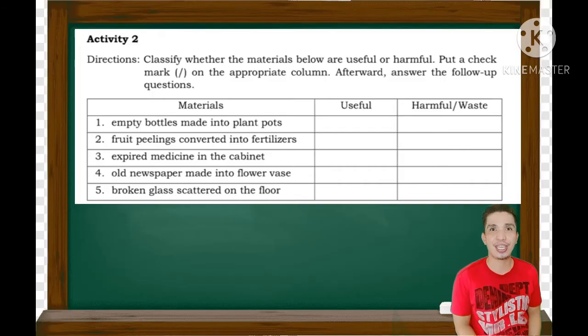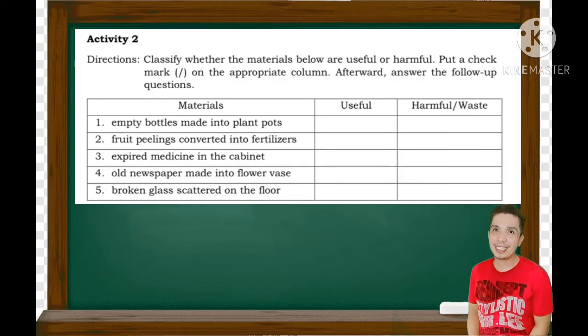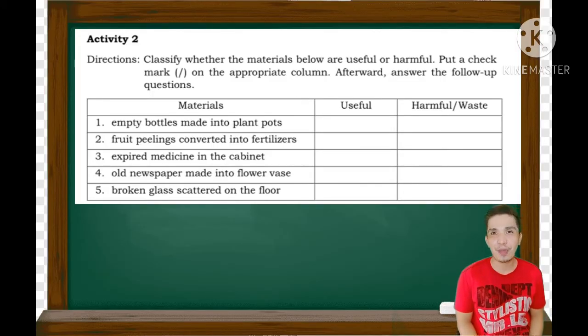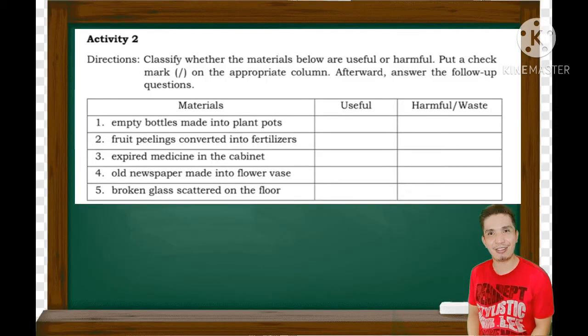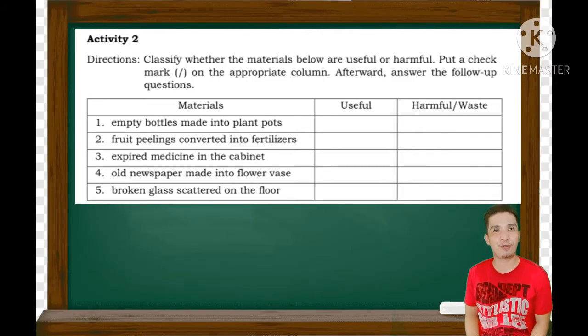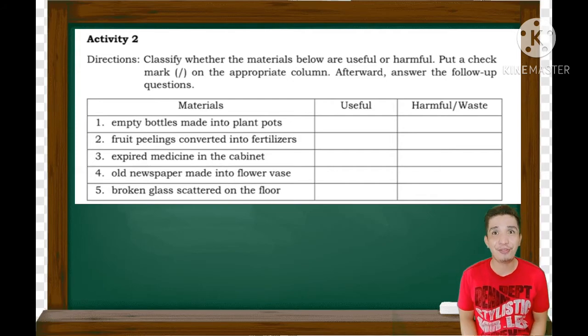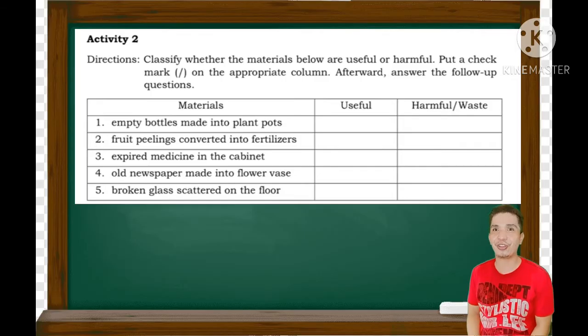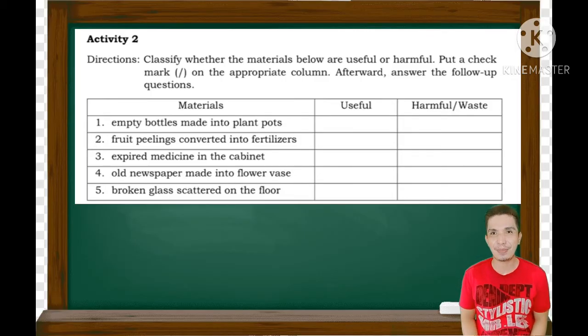Number 3. Expired medicine in the cabinet o yung mga gamot na expired na, luma na. Ito ba ay useful o harmful? Number 4. Old newspaper made into flower vase. Is it useful or harmful? Number 5. Broken glass scattered on the floor. Yung mga basag na salamin nakakalat sa ating mga sahig.